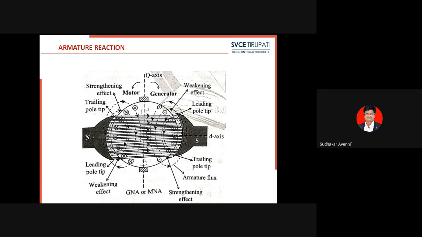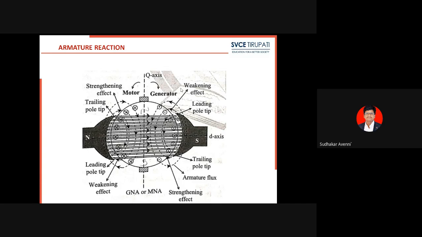Similarly, see here the leading pole tip. This is the direction of main field flux, north to south, and the armature flux direction is opposite to the main field flux. There must be a reduction in main field flux here.